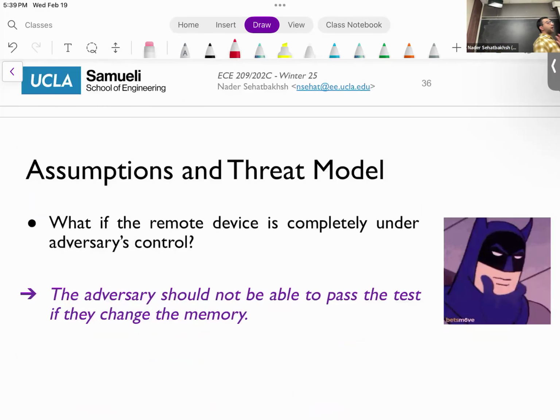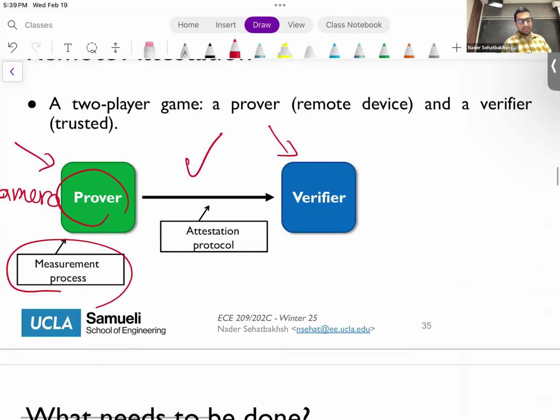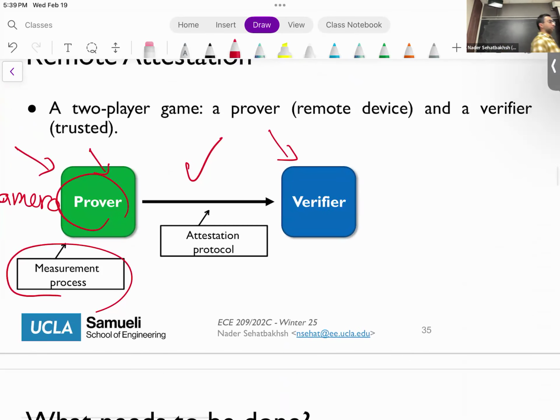So the big thing about attestation is that this system has to work even if the adversary has full control over the device, right? Essentially, we need to create a mechanism where, assuming that the device has been fully compromised, they cannot lie about their status. I want to be able to detect whether or not this device is compromised.